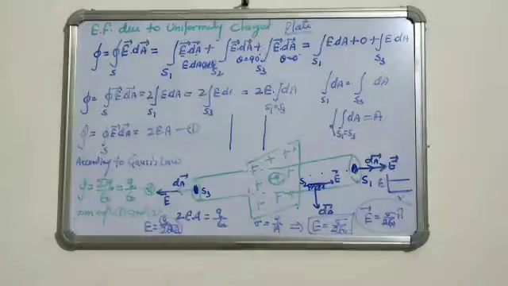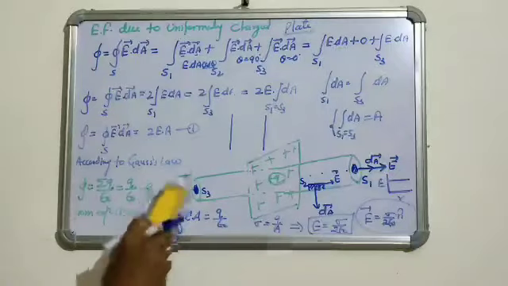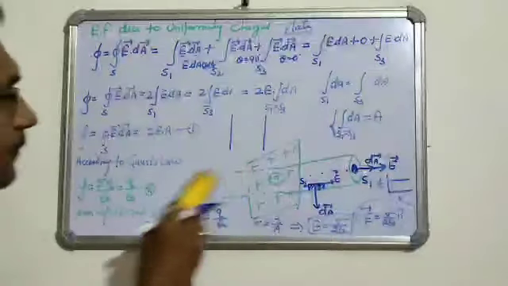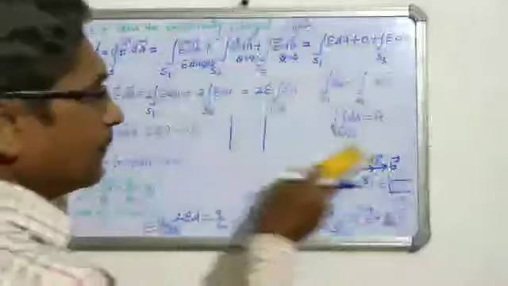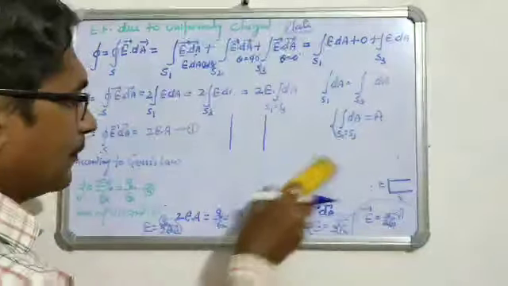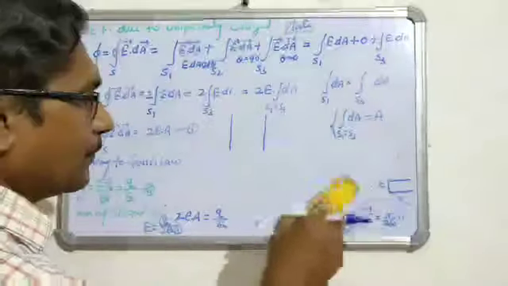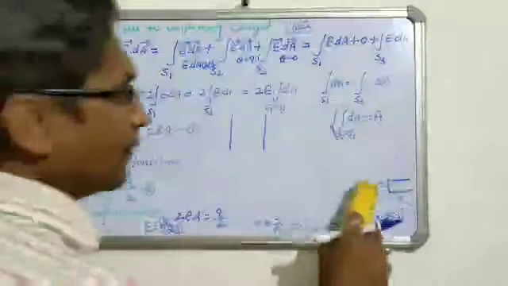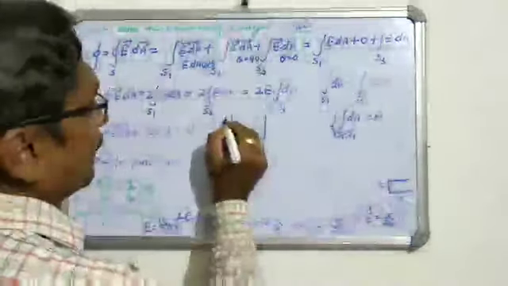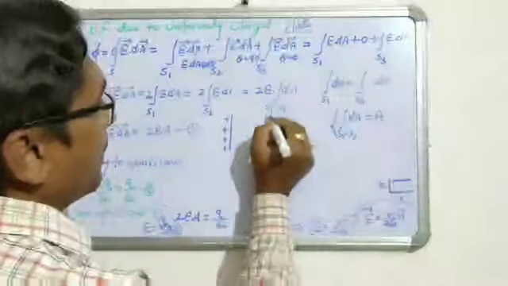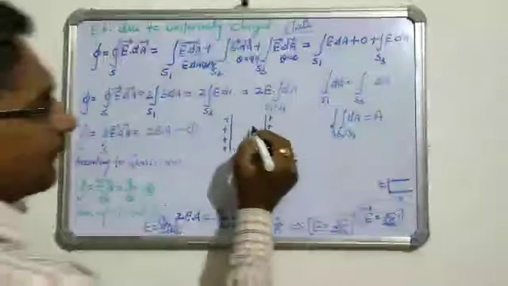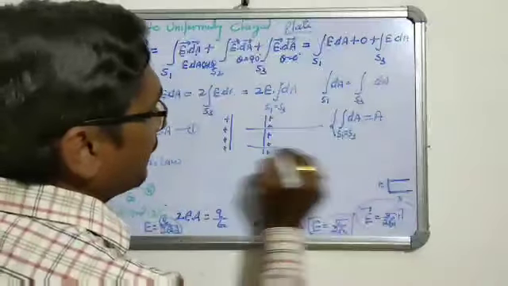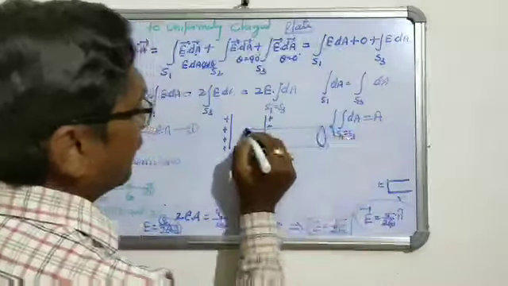And we draw the total charge situated outside the surface. So we can draw the electric field and Gaussian surface in this case, in this direction.